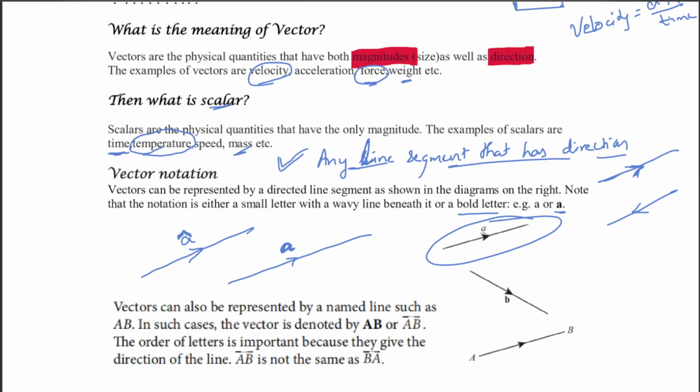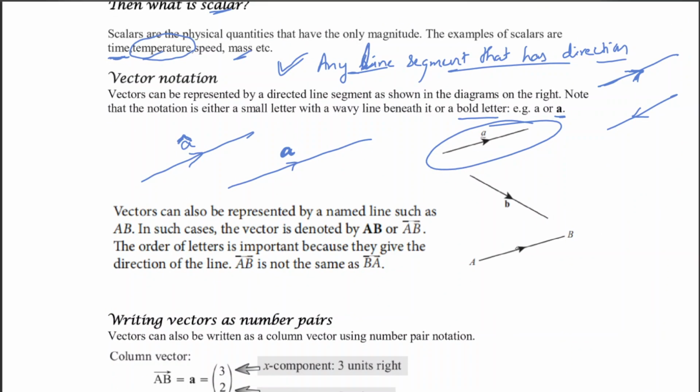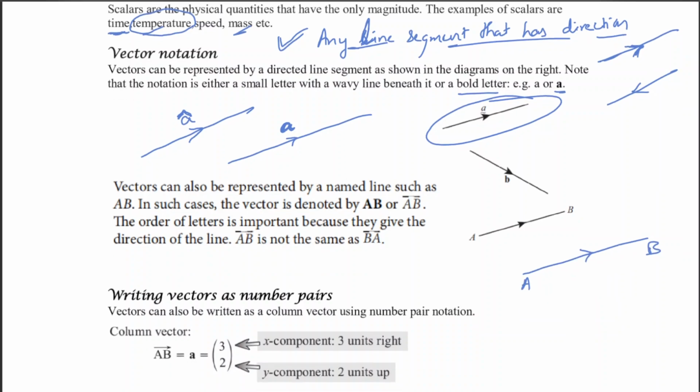Or else, for example, this is the line. Can you see this line I have given already? This is line AB and it is going in this direction, so we can denote this vector as vector AB. Can you see a small arrow mark on top of this?